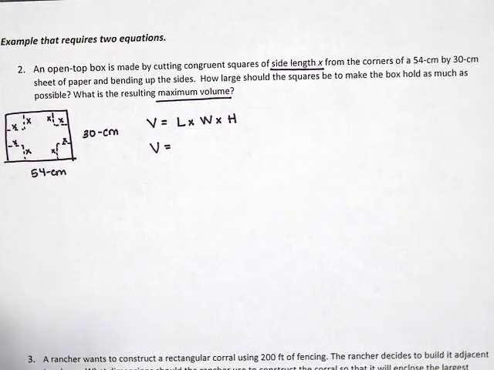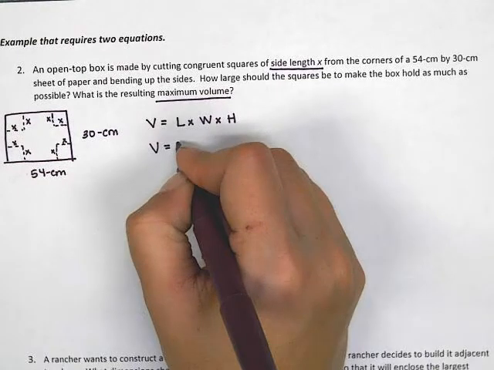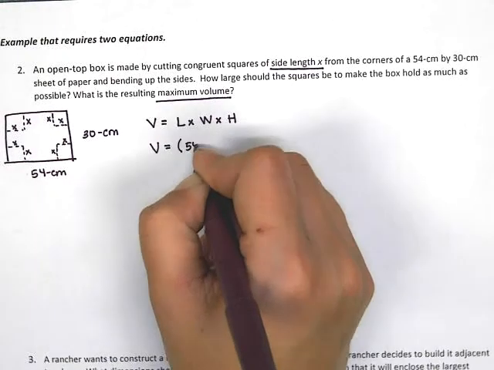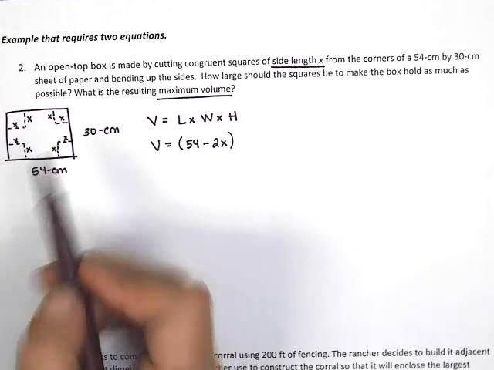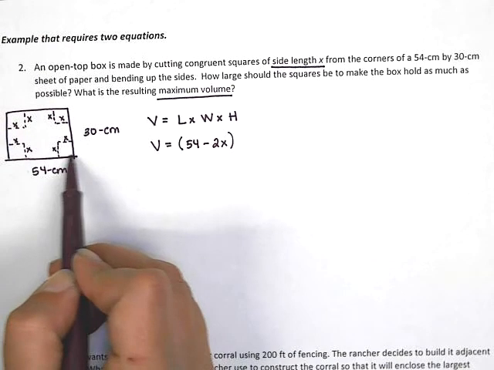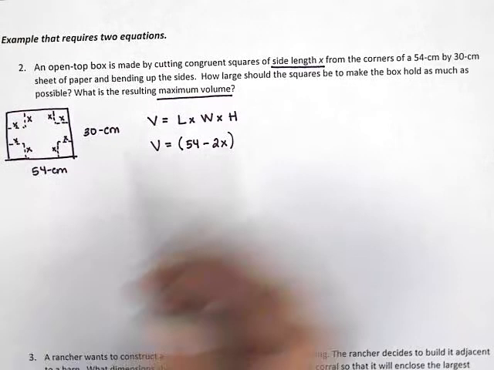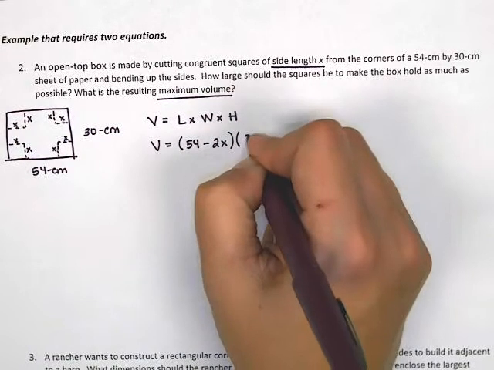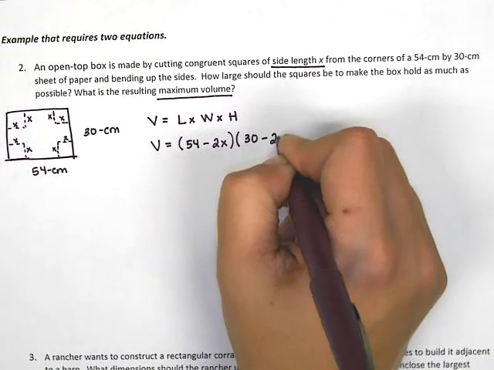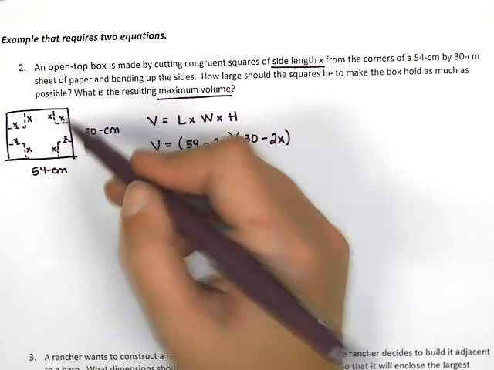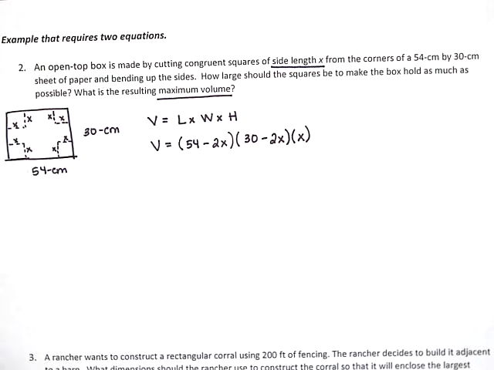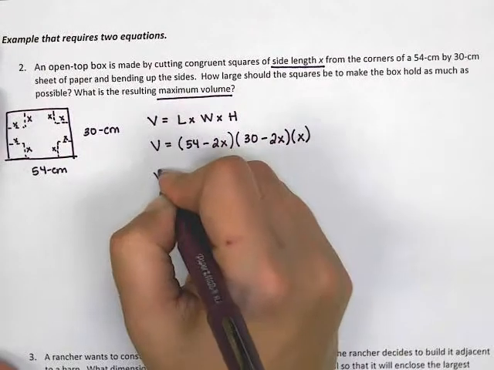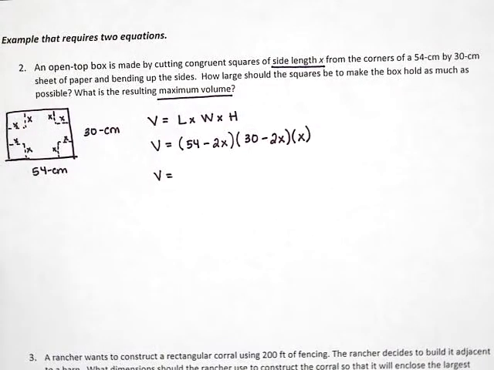After I cut out these squares, the length of the box will be 54 minus 2x because I'm going to take an x out from here and from here. The width of this box will be 30 minus 2x, and the height, when I bend up those squares, will be x.